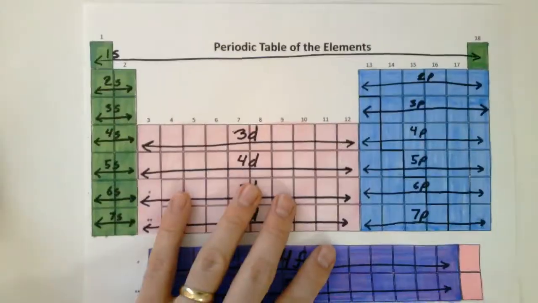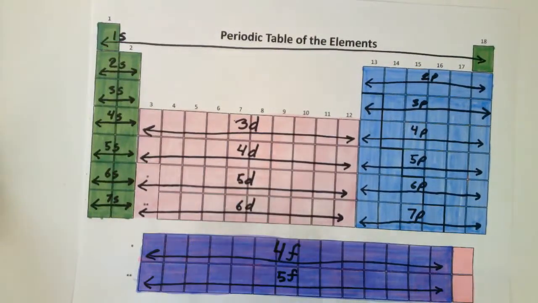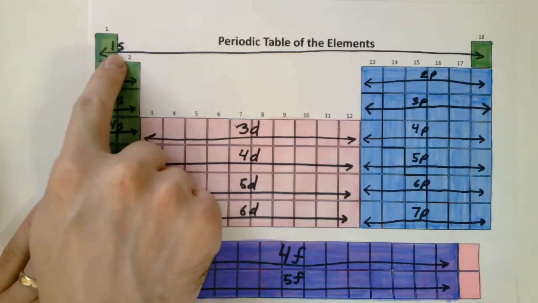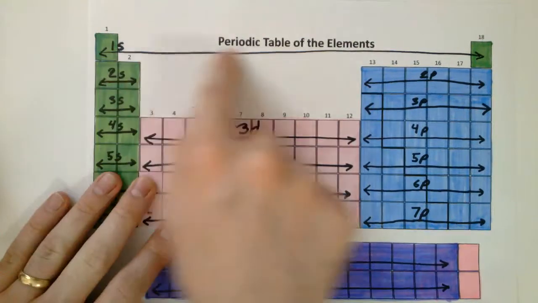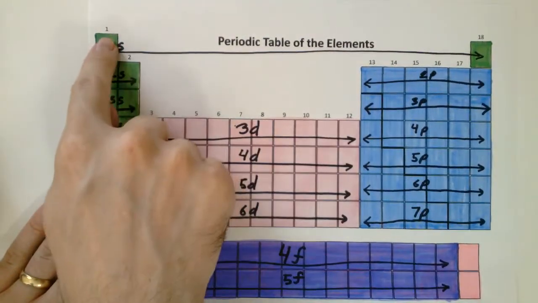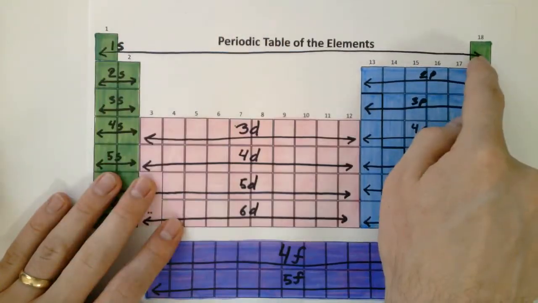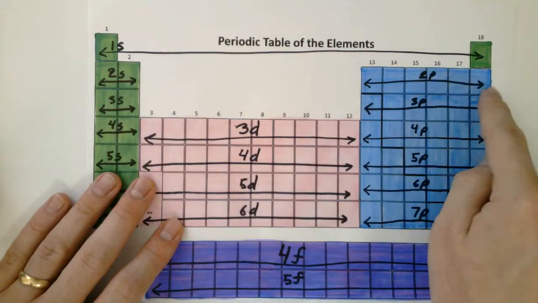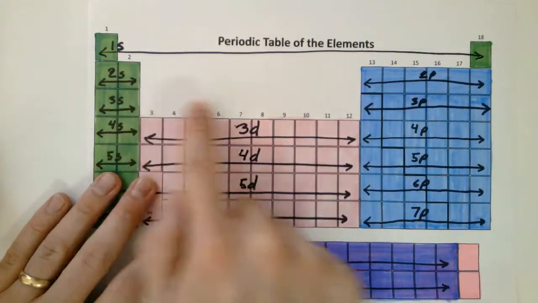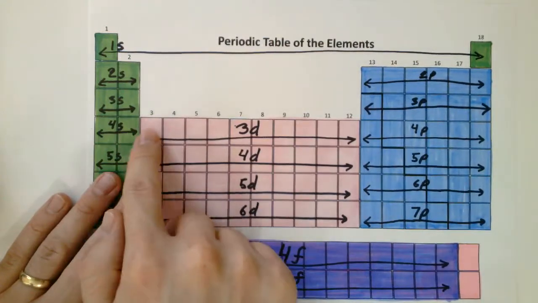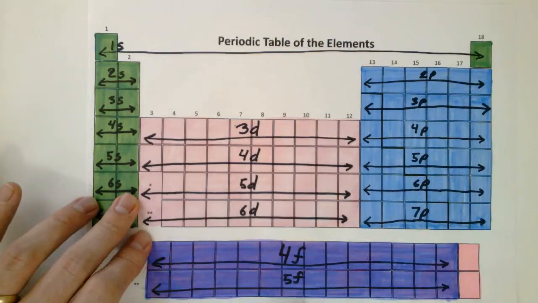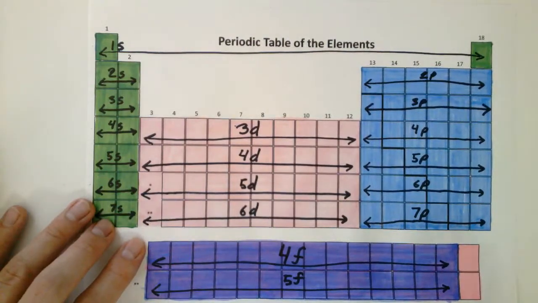So here's another way of looking at that. When you put your electrons in the first energy level, they go to the 1s orbital. And so that's your hydrogen and helium. And then you put electrons in your 2s, then in your 2p, then in your 3s, 3p, 4s, 3d, 4p, 5s, 4d, and so on, until you get your electrons all the way in.